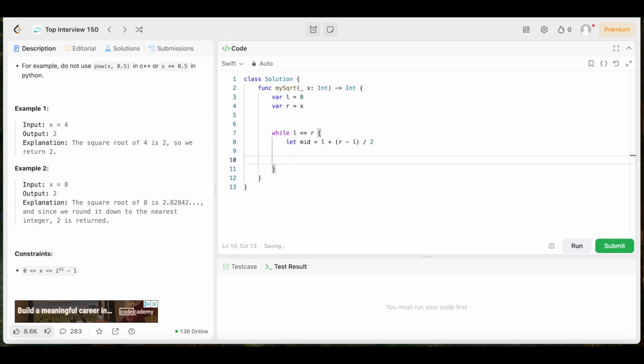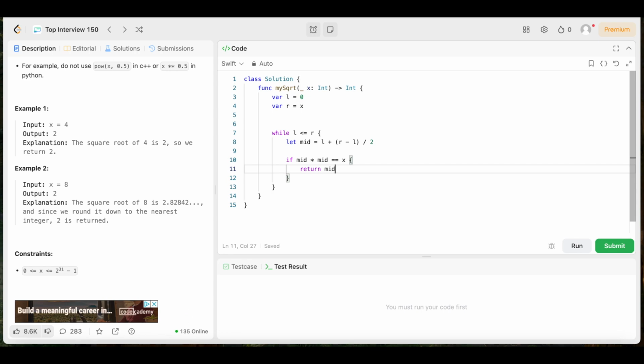Now we need to see if mid squared equals x, because that means we found our square root. So we're going to say if mid times mid, which is the same as mid squared, is equal to x, then we can open up the brackets and return mid, because that means we found our square root.